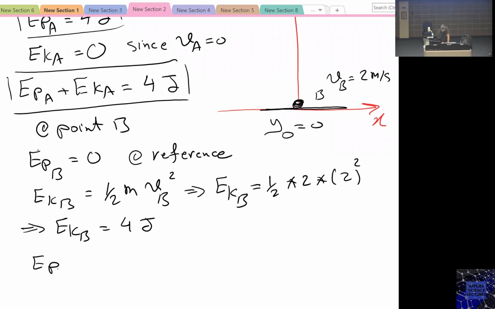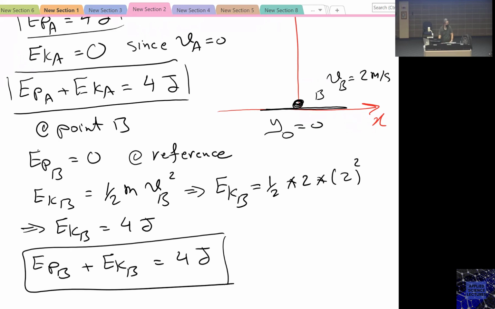So EPB plus EKB equals 4 joules. So you can see that the energy is conserved at any point along this path. In this system, energy is conserved.